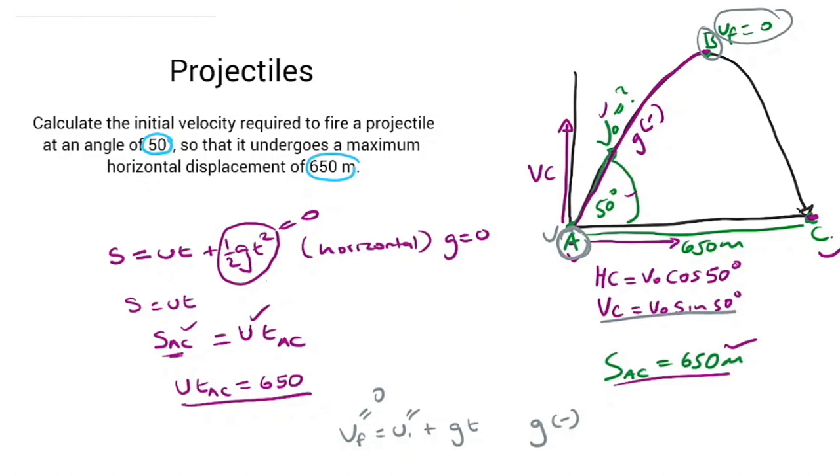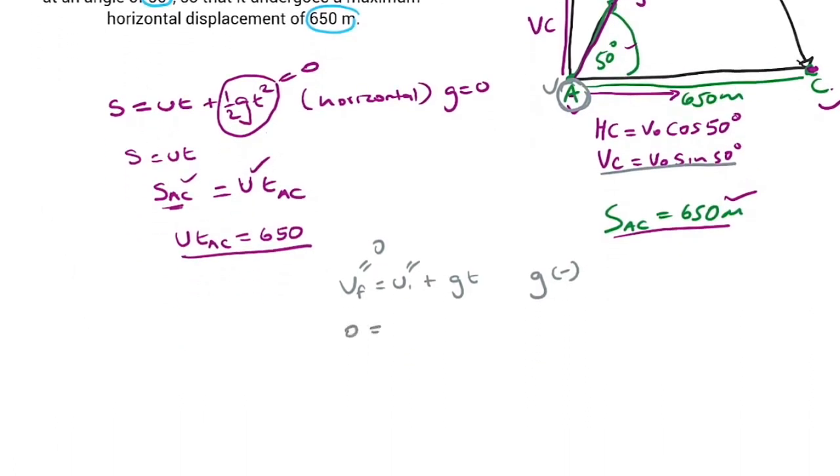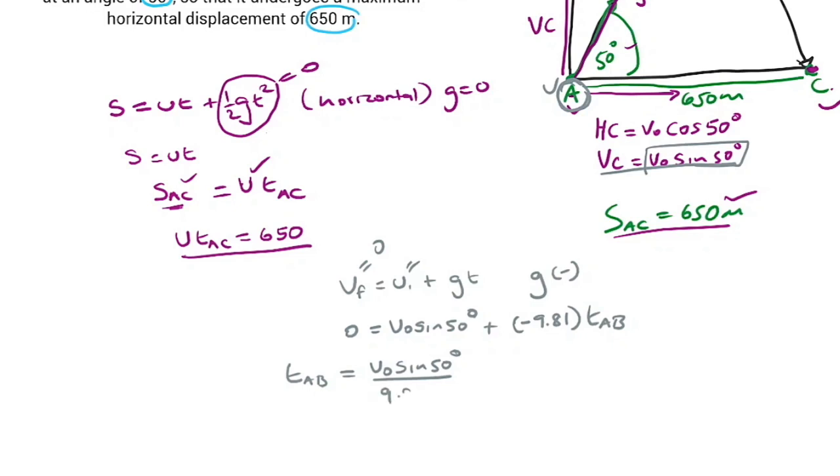Substituting, 0 is equal to V initial sine 50 degrees plus negative 9.81 times time. We put g as negative because it's going up and opposes gravity. This time is for A to B, not A to C. Rearranging, the time AB is equal to V initial sine 50 degrees divided by 9.81, which gives 0.0781 V initial.